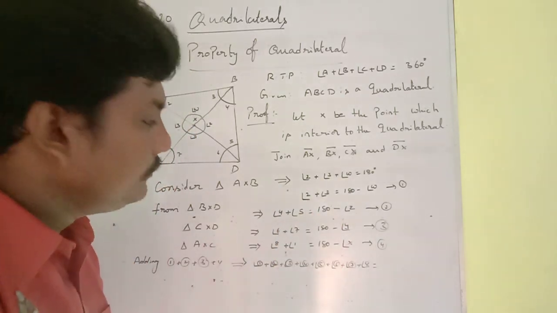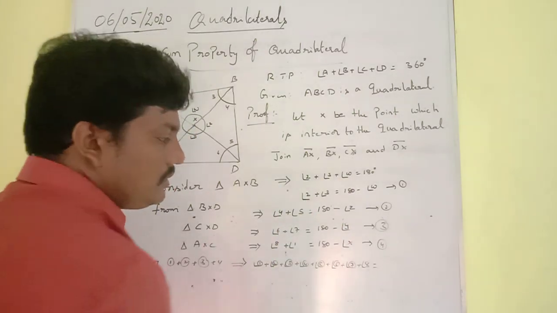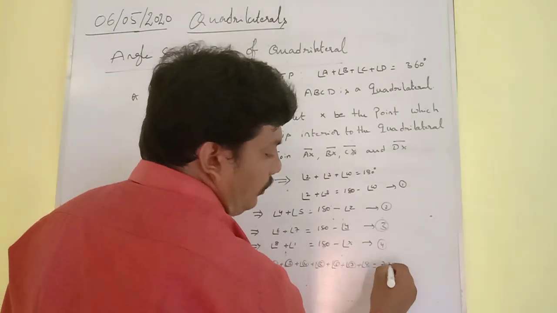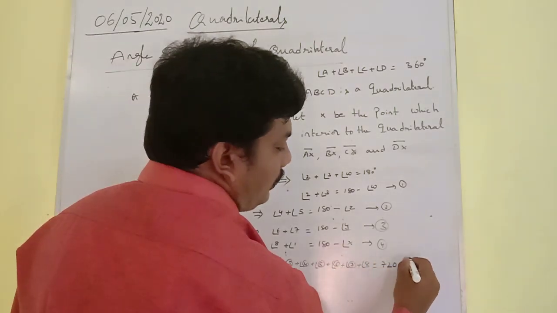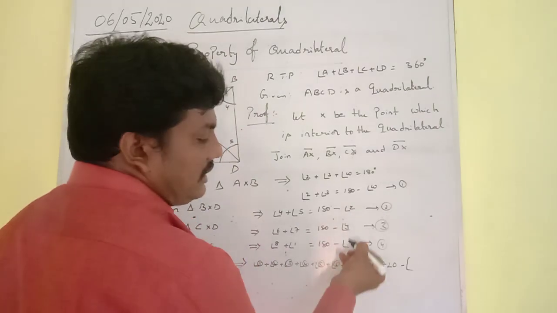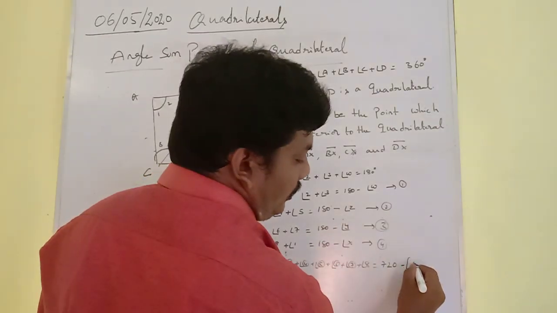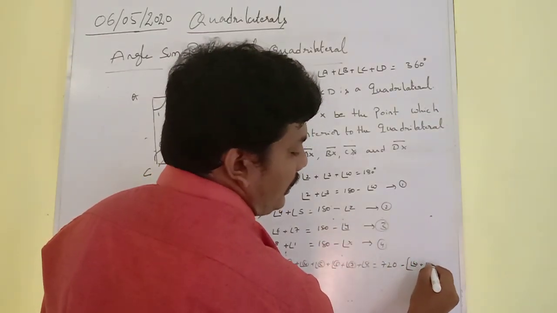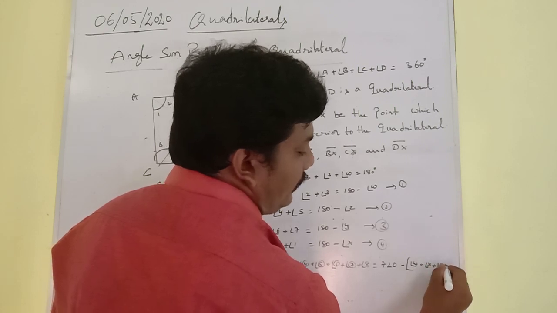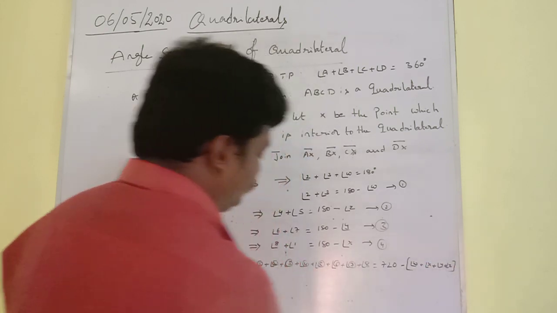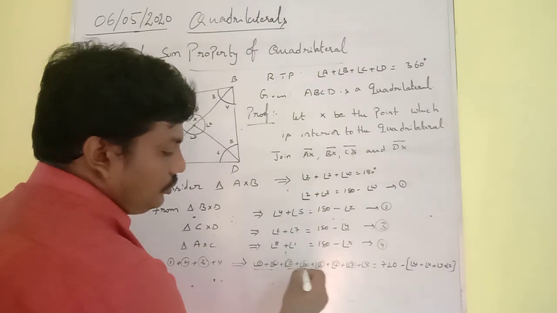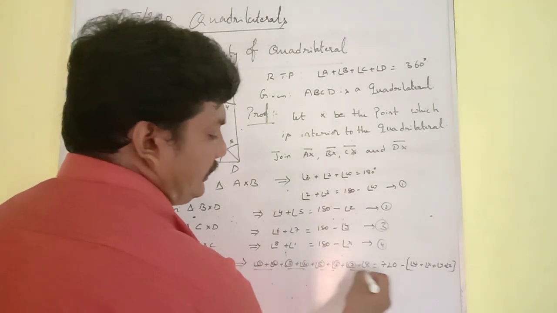Four 180s, that is 720, minus W, X, Y, Z, the angles W, X, Y and Z.